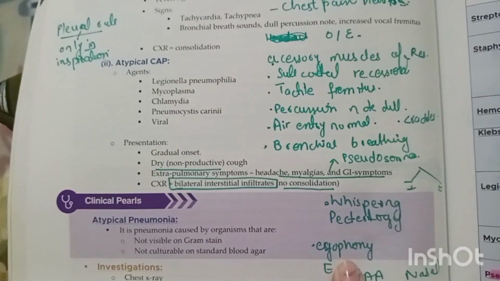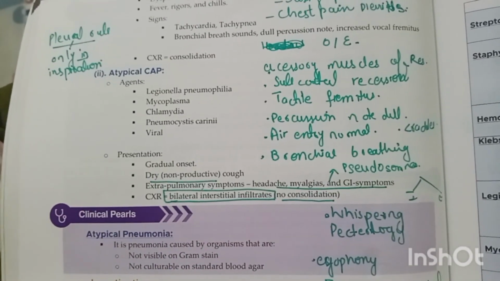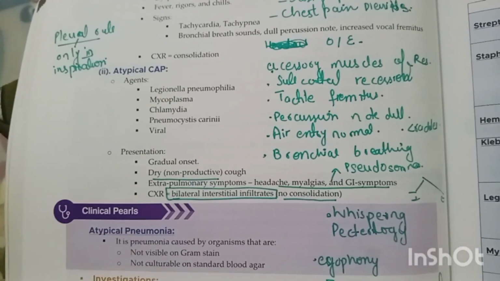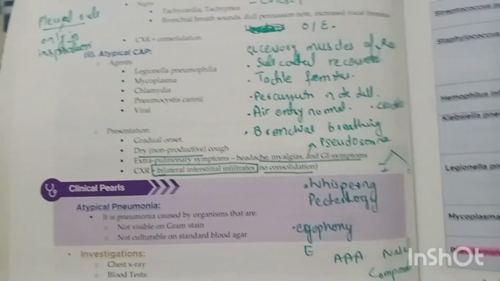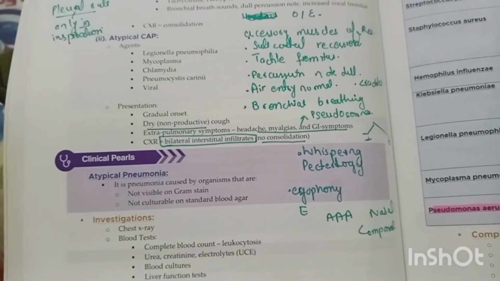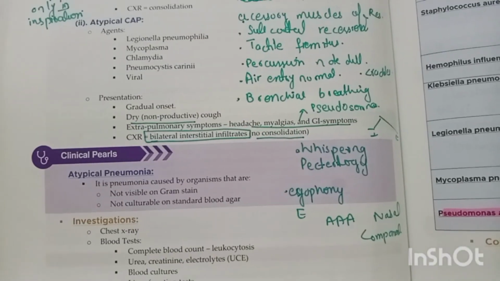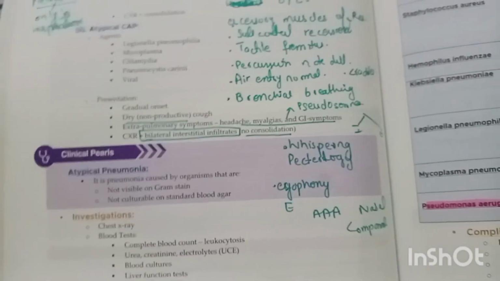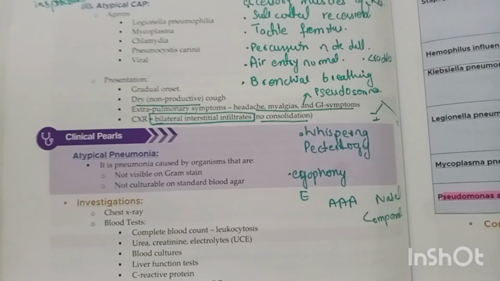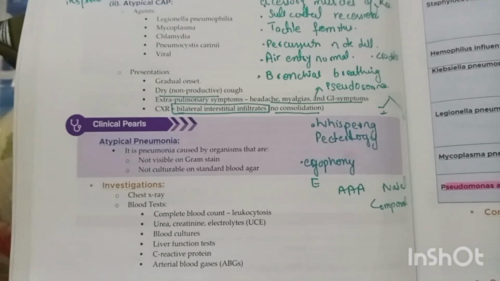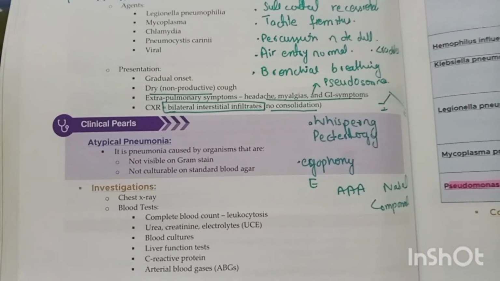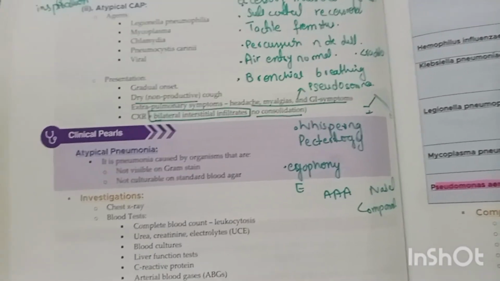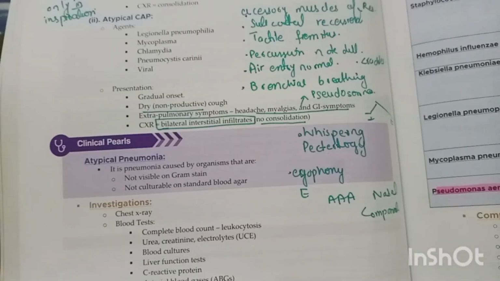And egophony: if I ask the patient to say E, it sounds to me like A. And if I ask the patient to say A, it sounds to me like E. That is egophony, where the alphabets are not clear to me. This is also due to the consolidation, because pneumonia consolidates the lungs.